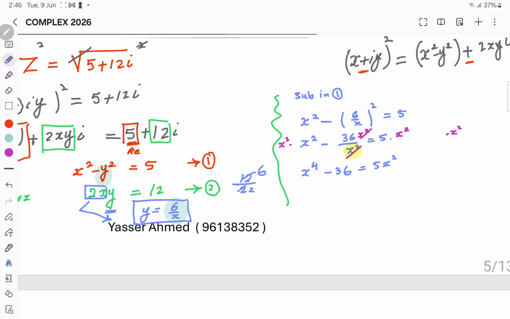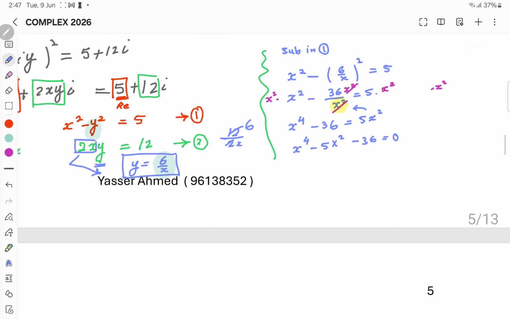It's a quadratic equation because I have three terms, and the power on the first term is twice the power on the second. Rearranging, we shift x to the power 4 to the other side with the opposite sign, so it will be minus 5x squared minus 36, all equal to 0.